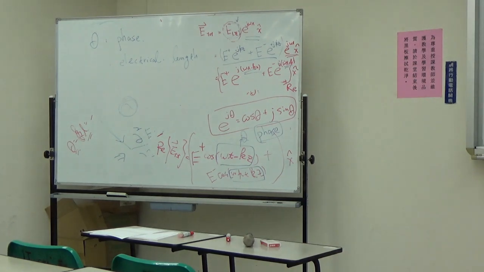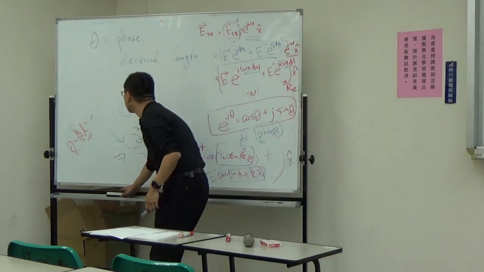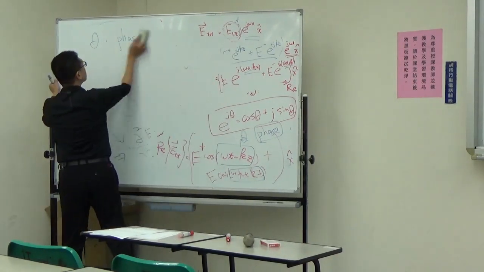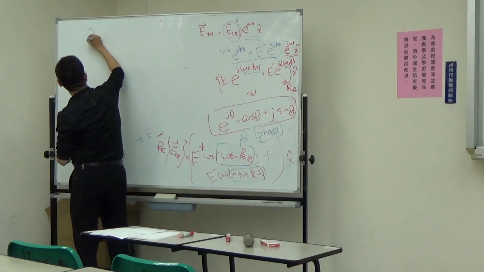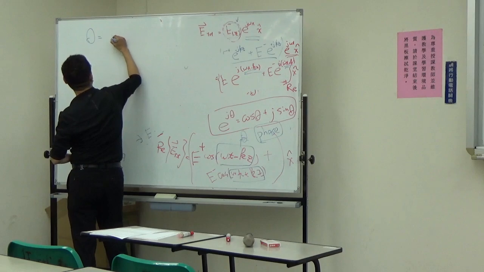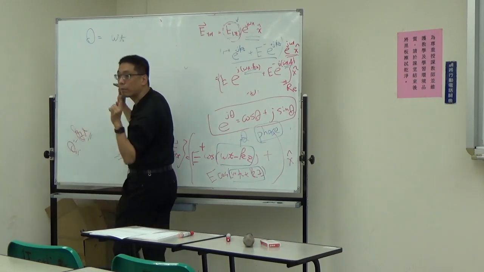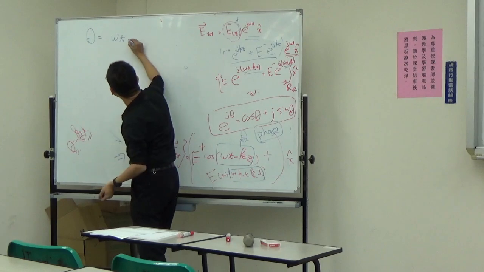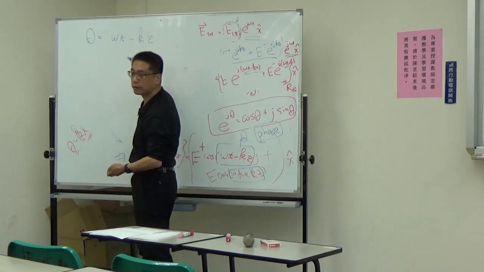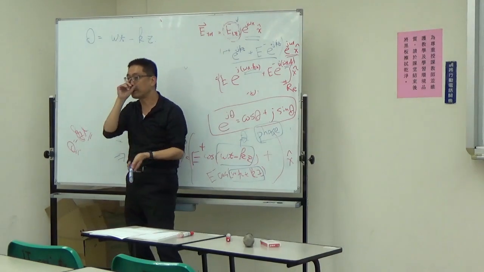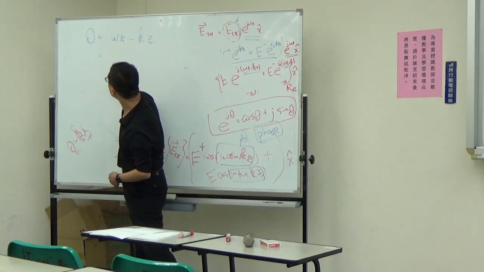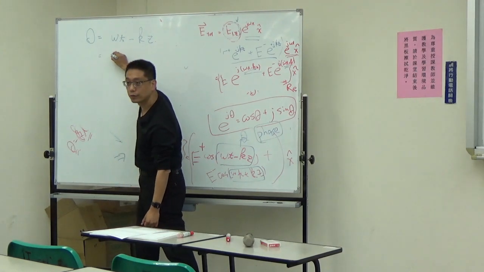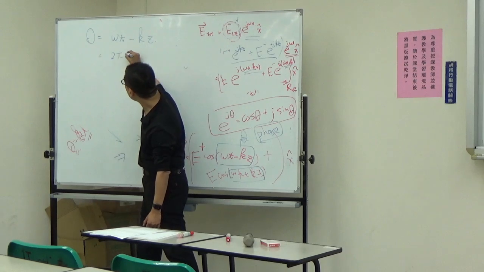So, let's look at omega t plus or minus kz. Theta equals omega t, let's look at only one part, minus kz. We try to pick out what they are. What is omega? Omega equals 2 pi f.